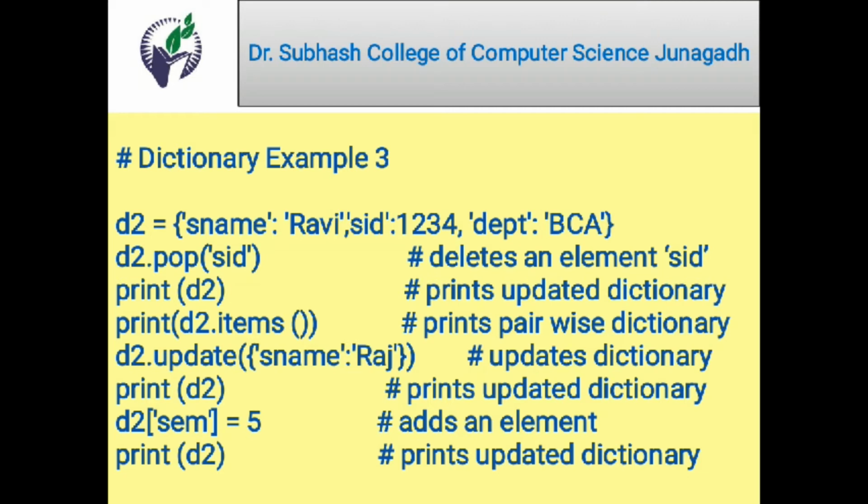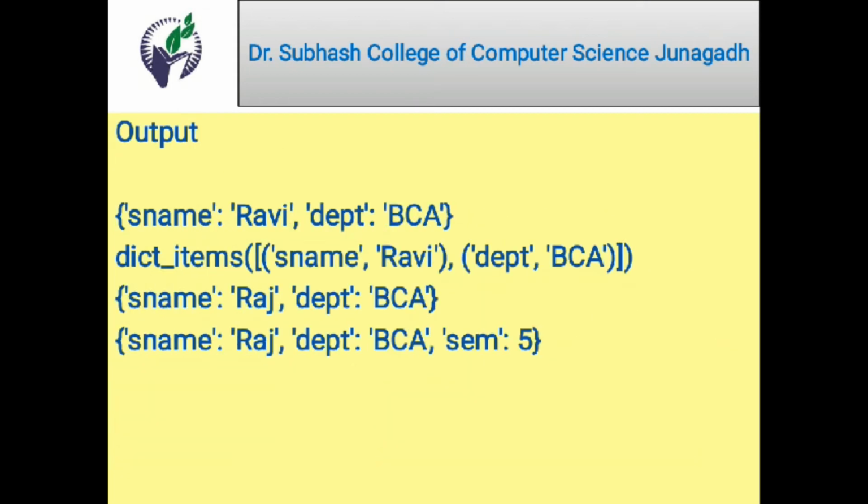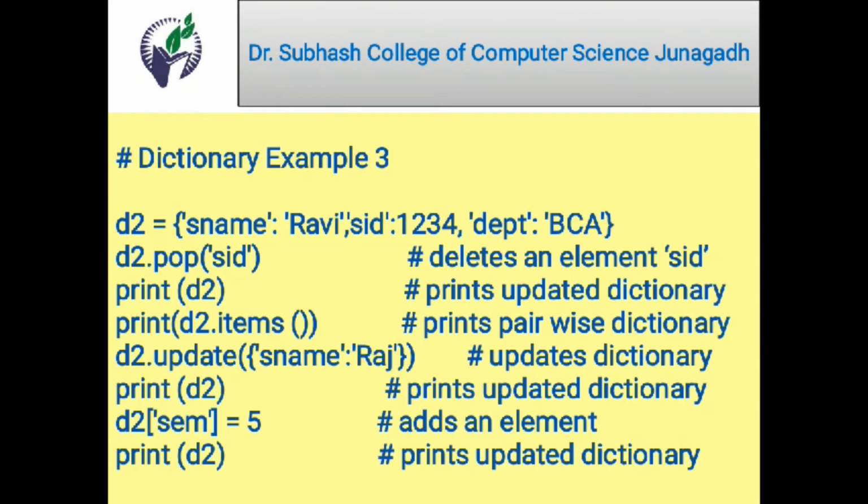What does the updated dictionary contain? It will contain only two key value pairs, student name and department. So the first output that we will see here is only two key value pairs: student name Ravi and department BCA. Let's move back here.